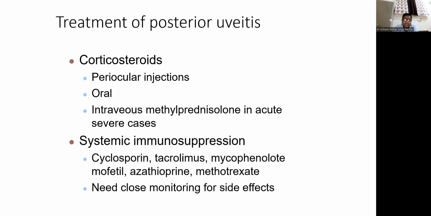So cyclosporin, tacrolimus, azathioprine, and methotrexate can be used as steroid sparing agents, or as immunosuppressive agents. But whenever we are giving these medications, the side effects of these medications should be known, and the patient's fitness and side effects should be monitored regularly.